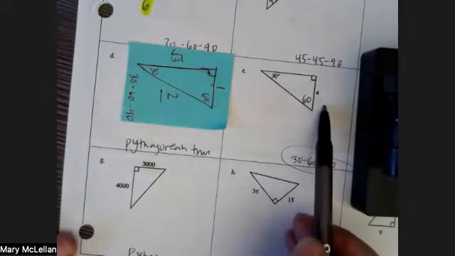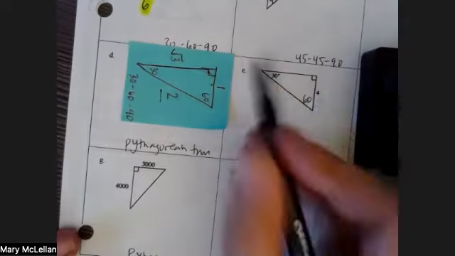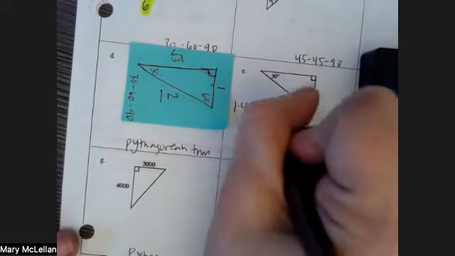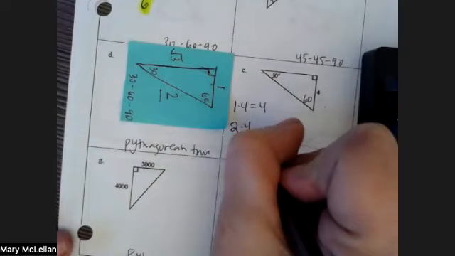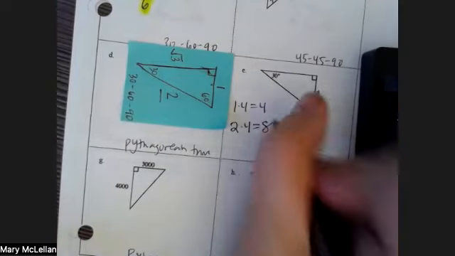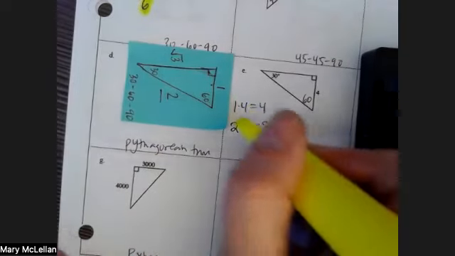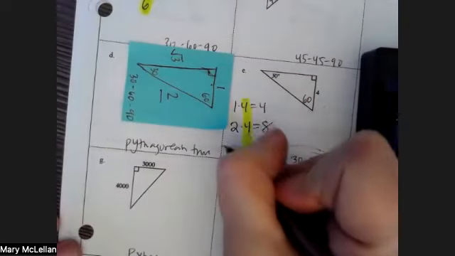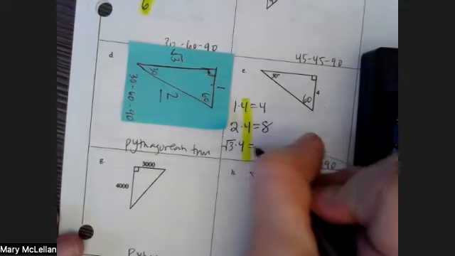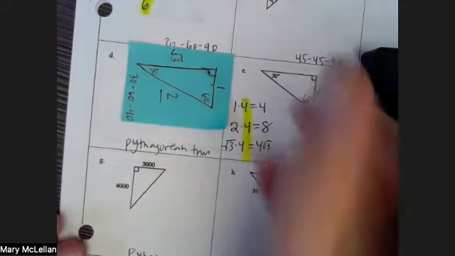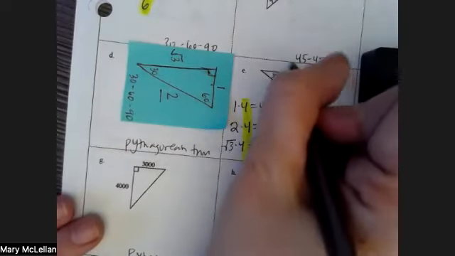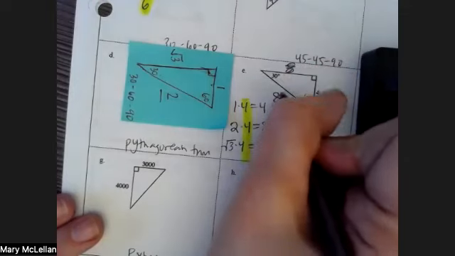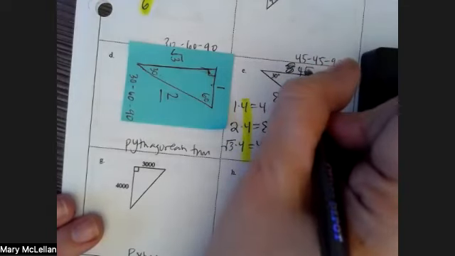Okay, so for this one, I see I'm multiplying 1 by 4. 1 times 4 equals 4. 2 times 4 equals 8. That means my scale factor is 4. And root 3 times 4 is just 4 root 3. So my missing sides are 8 and 4 root 3.